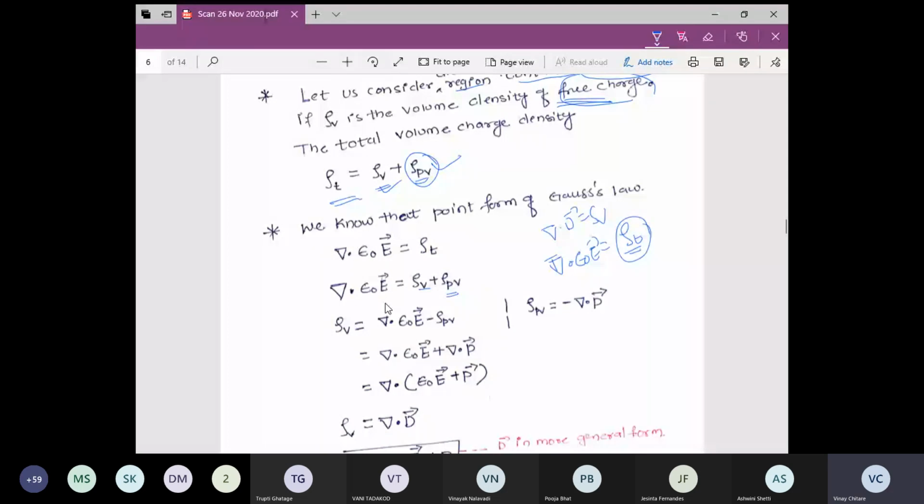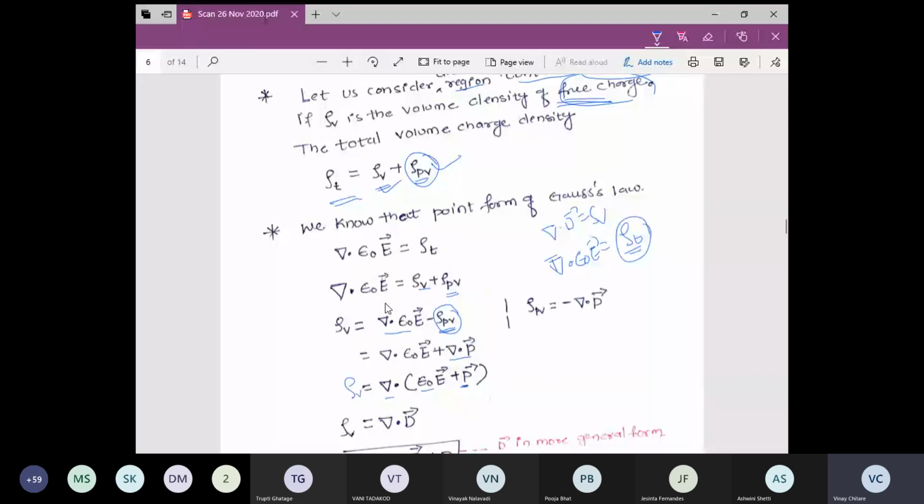So let us solve for rho v. Rho v is del dot epsilon naught times E minus rho pv. We know what rho pv is: it is minus del dot P, so minus will be plus. In total we can write del dot of epsilon naught E plus P.